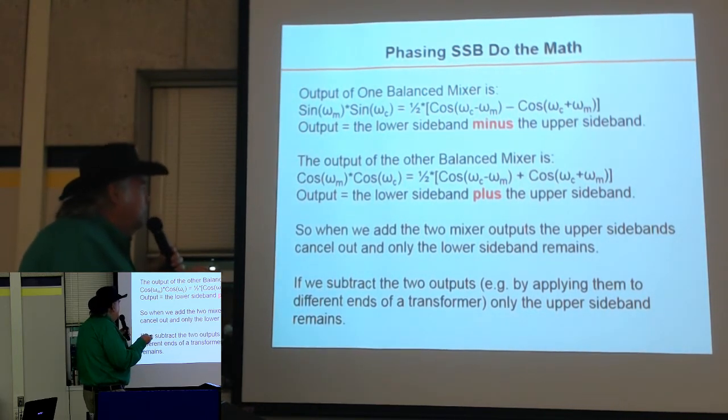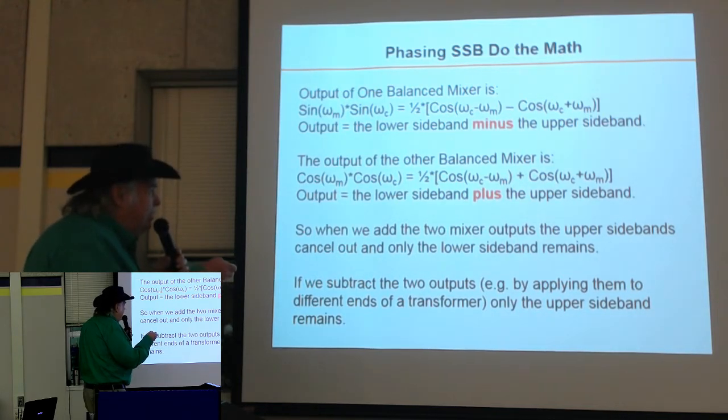The output of the other balanced mixer, when I take the cosine times the cosine, gives me 1/2 the cosine of the lower sideband plus, rather than minus, the upper sideband. So when I add these two together, this plus term and this minus term cancel one another out, and I'm left with 2 times 1/2, i.e. 1, of the cosine of the lower sideband.